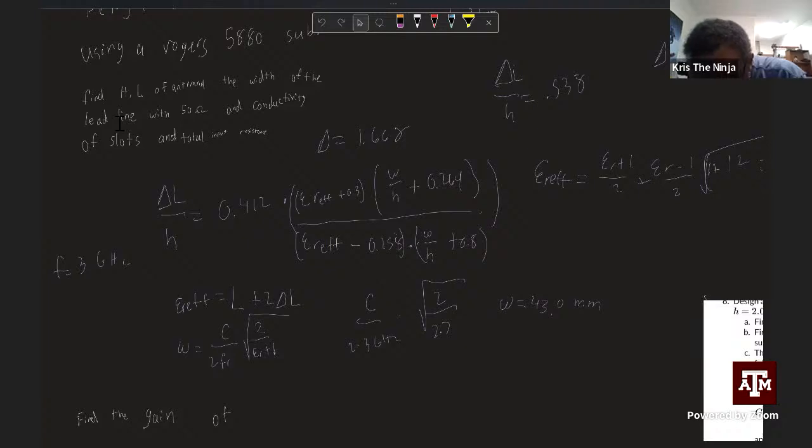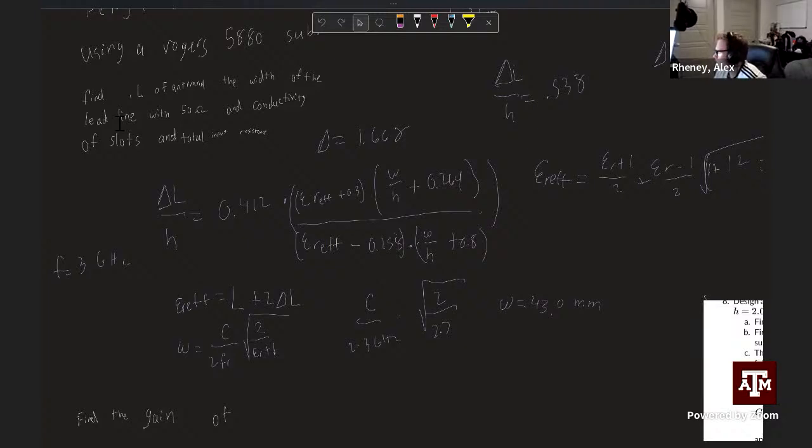So it says find the width of a microstrip feed line on this substrate. Let me see. That goes back into design equations, right?